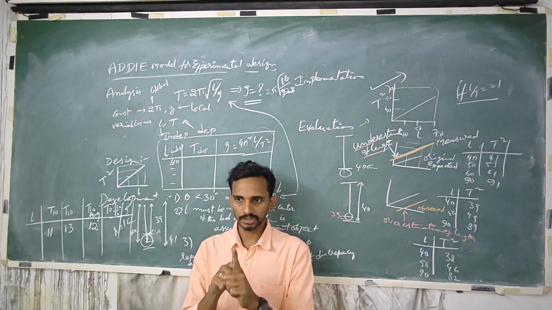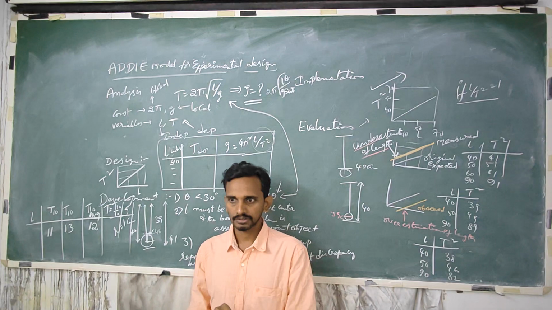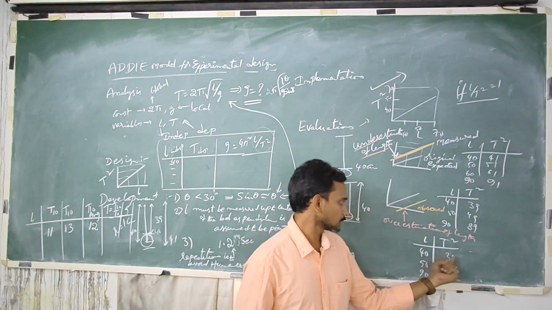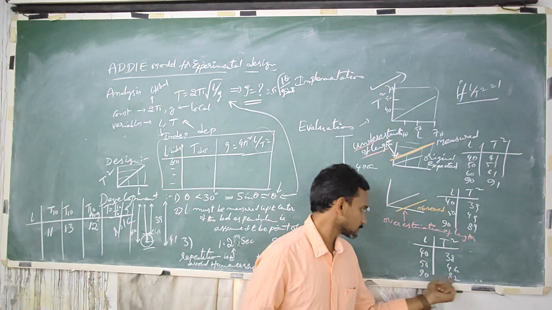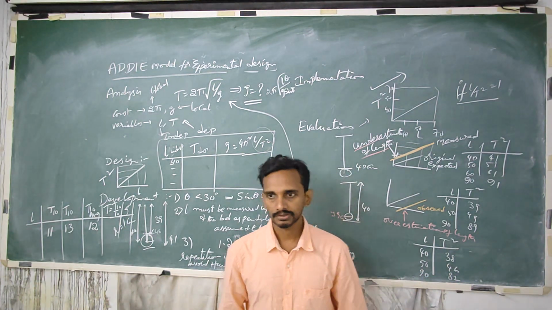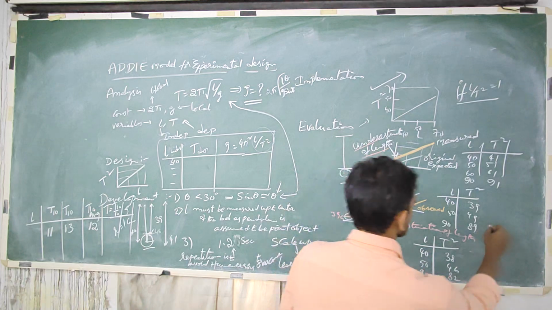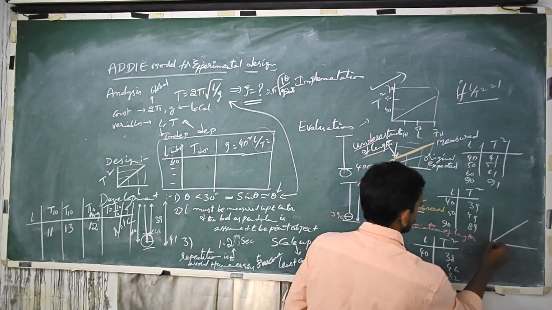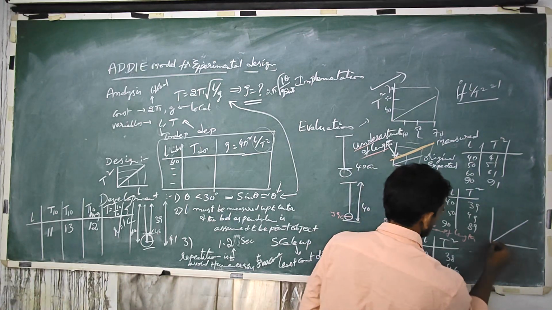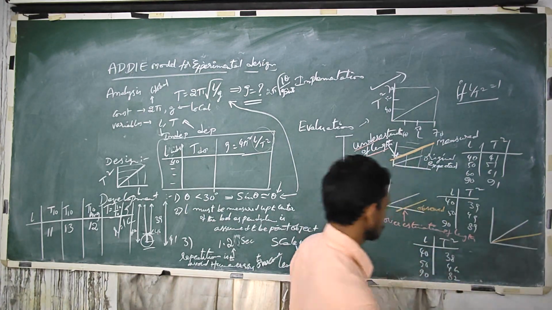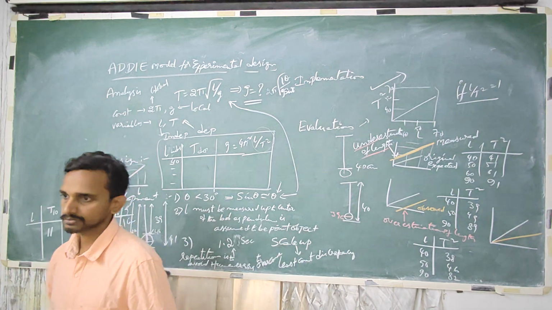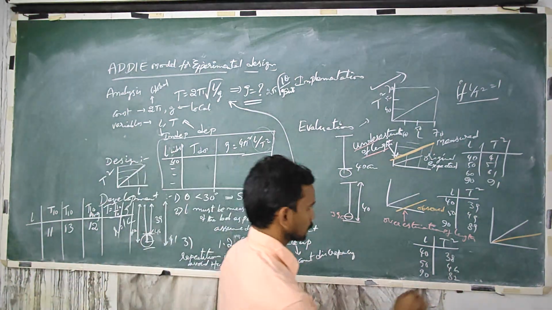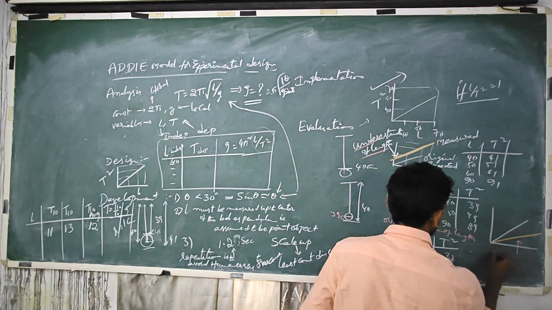Actually I'm counting 9 only and I'm squaring it, so the error will keep on increasing. Here the error is only 2 units, here it is 4 units, here it is 8 units. So what happens? Let's say this is the original graph. This graph now falls downwards. This is because of overestimation of time.